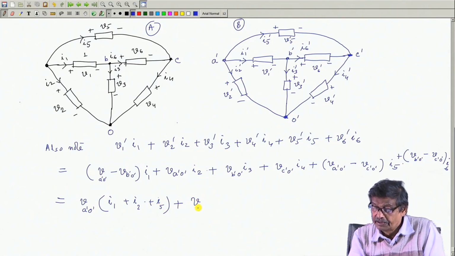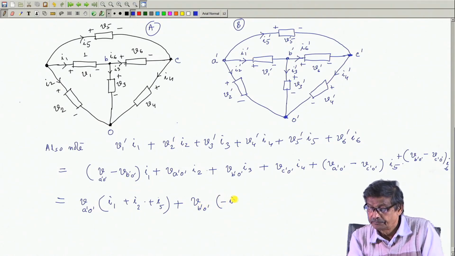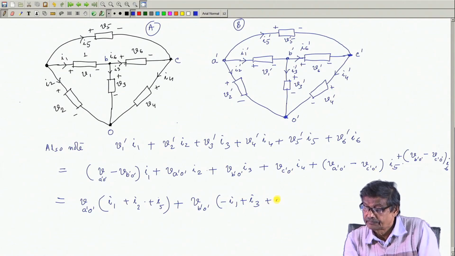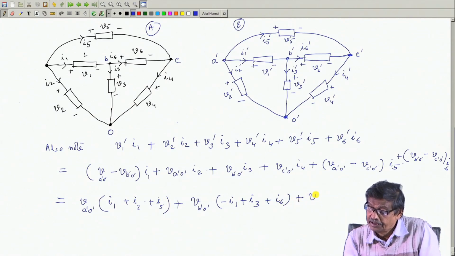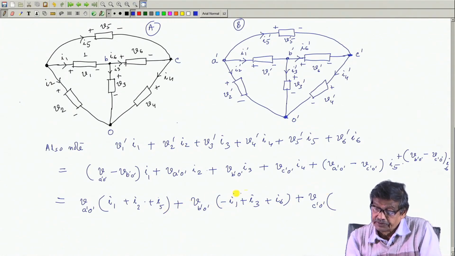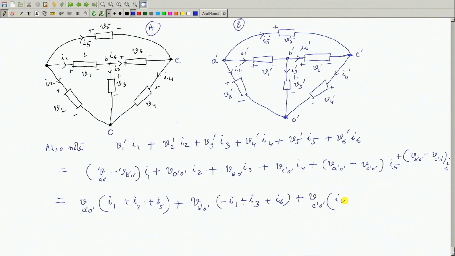Similarly, B B dashed 0 dashed will be equal to minus I 1, from this plus I 3, from this, and plus I 6. And finally, B C dashed 0 dashed will come as I 4 minus I 5 and minus I 6.